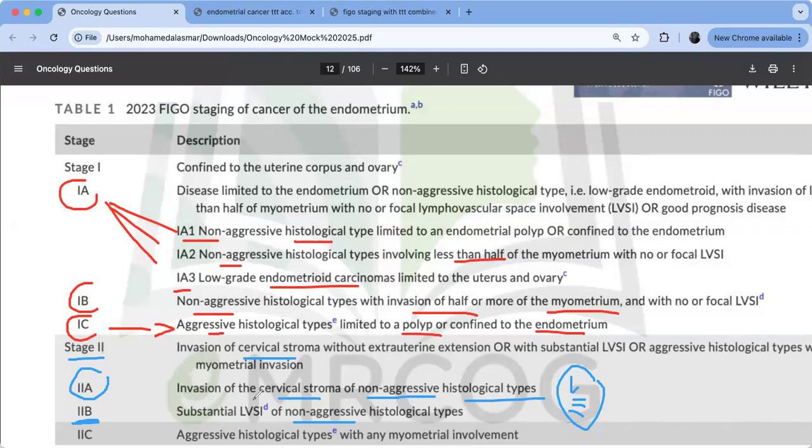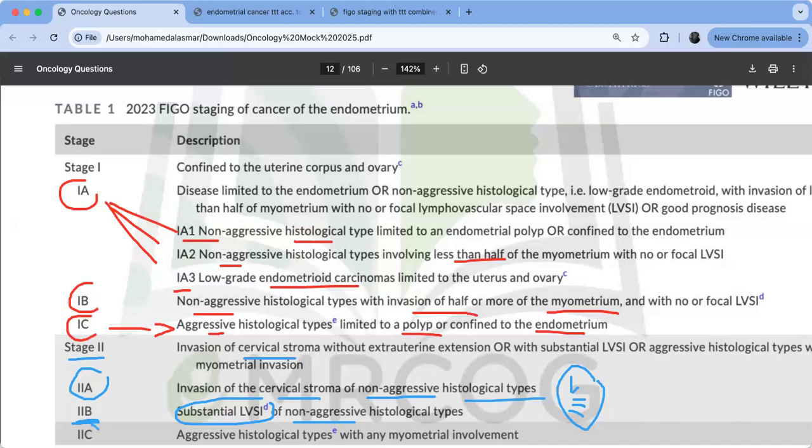Yes, so the presence of substantial lymphovascular invasion makes the grading 2B. So you can see involvement of small lymph vessels only is associated with upstaging of the tumor, right?